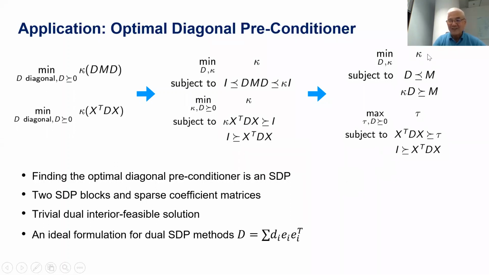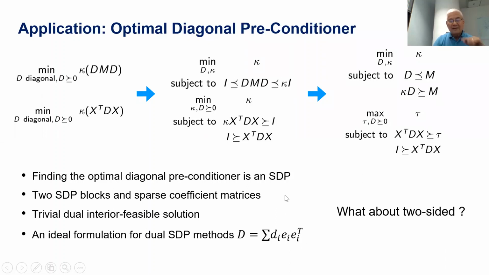This problem is naturally already in SDP dual form. It has a sparse coefficient matrix because they all keep the same structure. There is a trivial dual interior feasible solution, and you can write D as a matrix sum of unit vectors. Basically, each matrix only has a one in a diagonal element. It's super sparse.